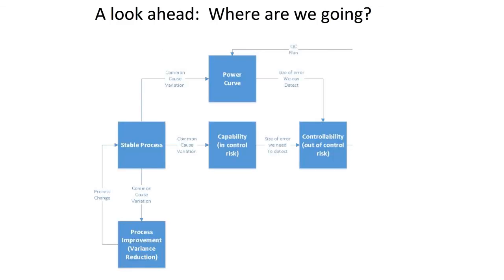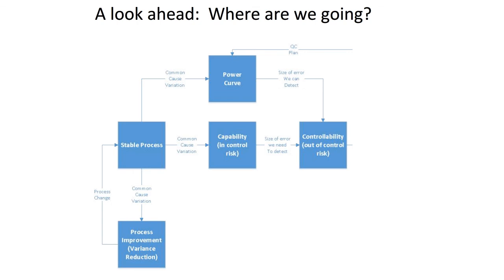Let's go back to our system diagram. We've now covered three components of the diagram. In the first video, we covered process control and common cause variation. As you can see in the diagram, common cause variation is an input to calculate the process capability, which is a measure that indicates the risk to patients when the process is in control. As you just saw, common cause variation is also used in power analysis to determine the size of error we can reliably detect.